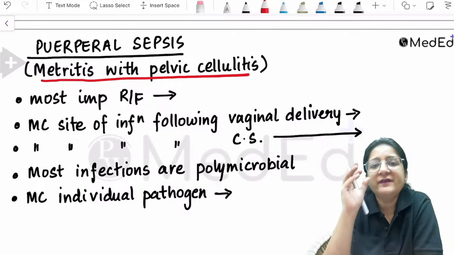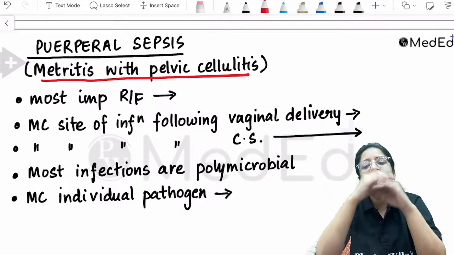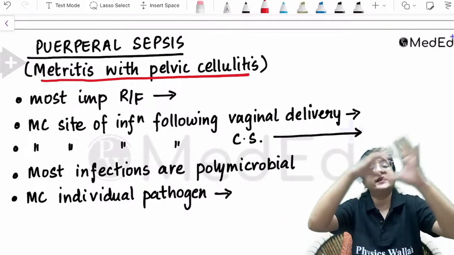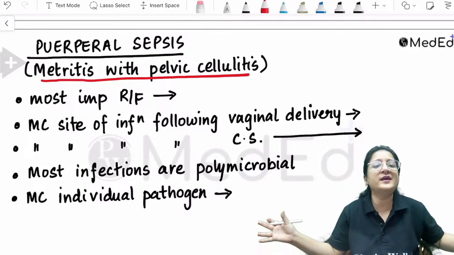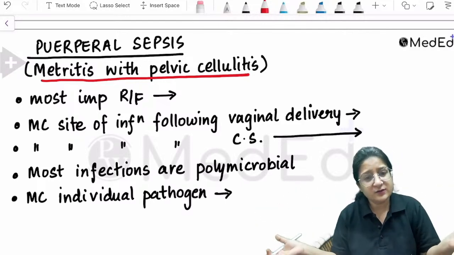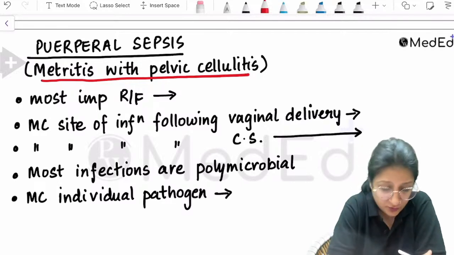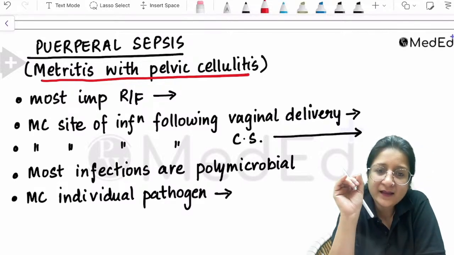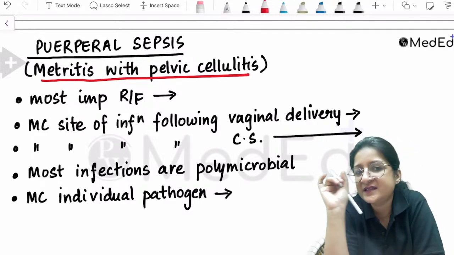Infection begins in the endometrium of the uterus and can spread outwards into the myometrium, and even into the peritoneal lining of the uterus. It can spread into the pelvic peritoneum and connective tissue also, leading to pelvic cellulitis depending upon how severe the infection is. So when you understand this one term, puerperal sepsis: infection began in the uterus, metritis with pelvic cellulitis.